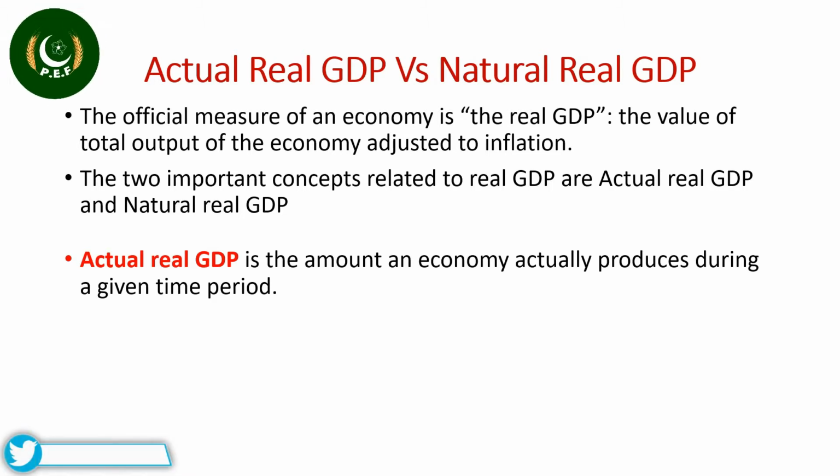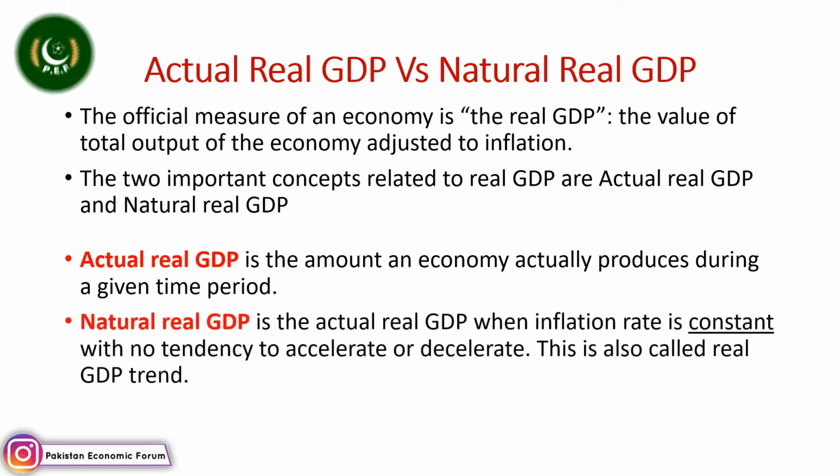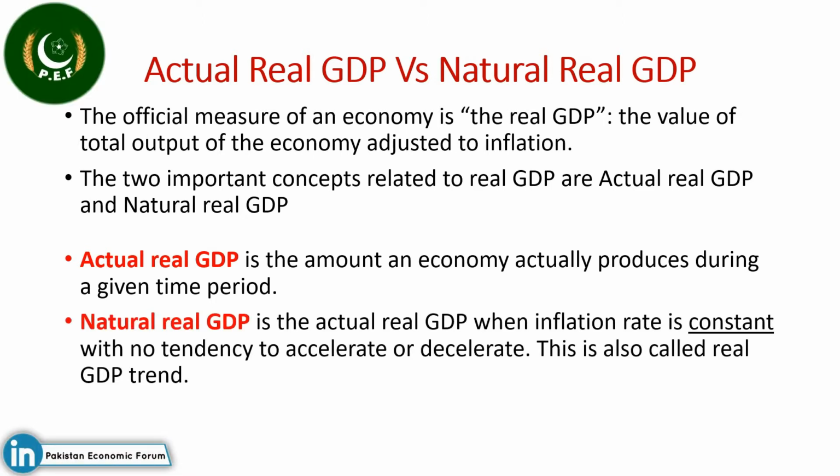Too much actual real GDP causes inflation, while too little actual real GDP causes a waste of resources. Neither of the two is desirable. Whereas natural real GDP is the actual real GDP when the inflation rate is constant with no tendency to accelerate or decelerate. This is also called real GDP trend.